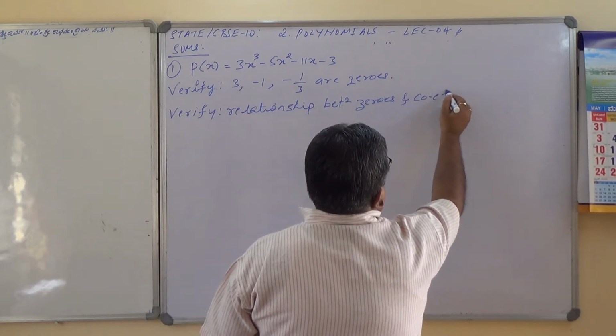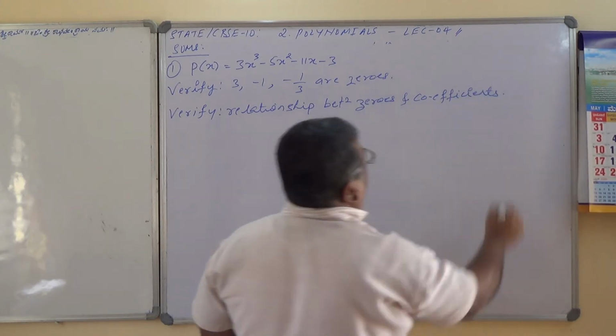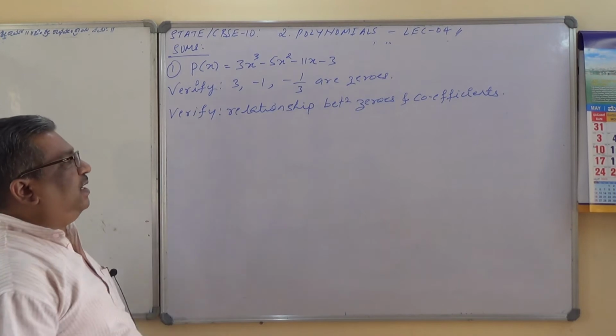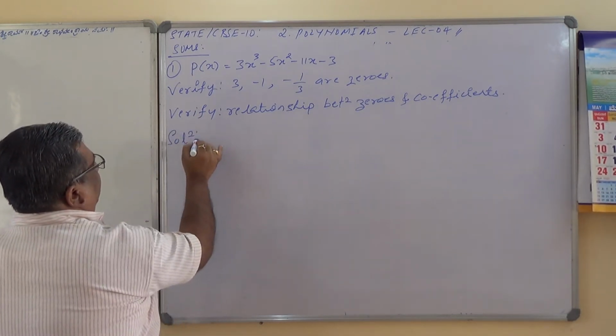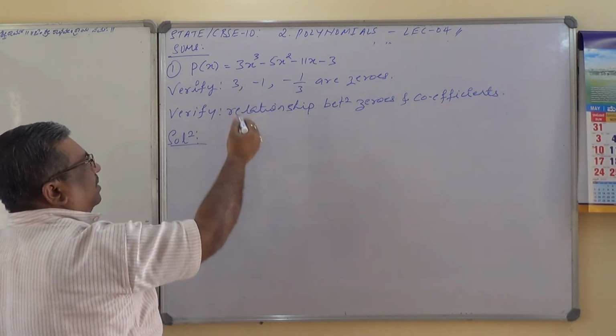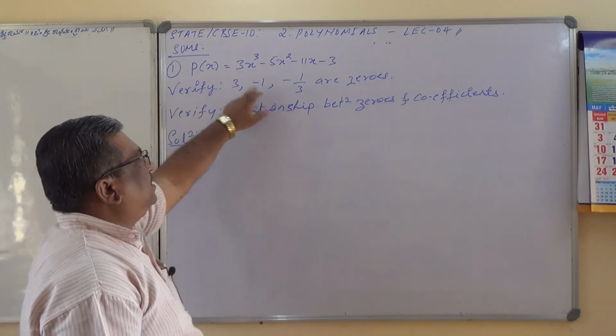This is the problem here. Solution. You can note down the numericals first and then we will solve. How do you verify that these are the three zeros?